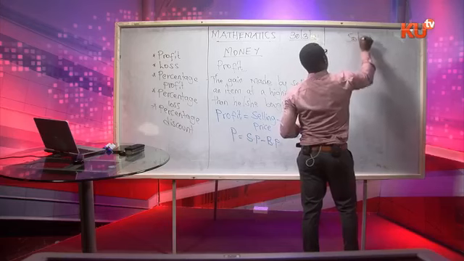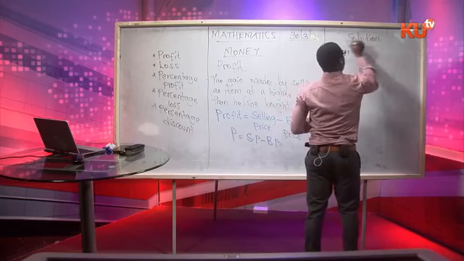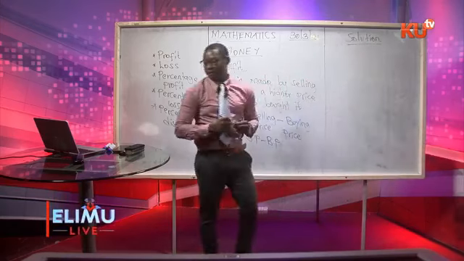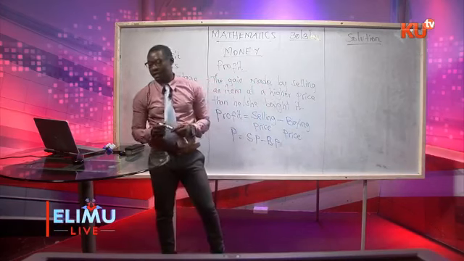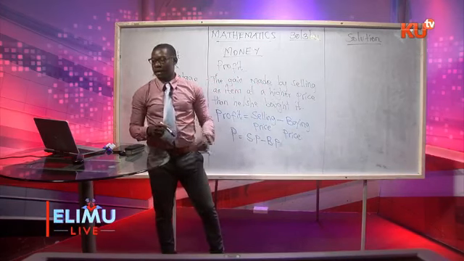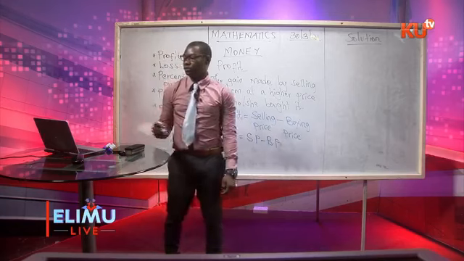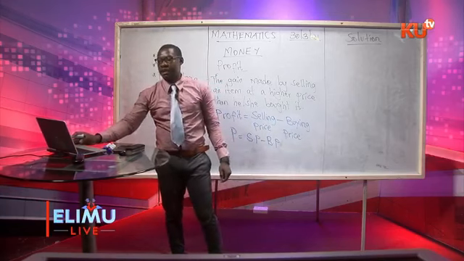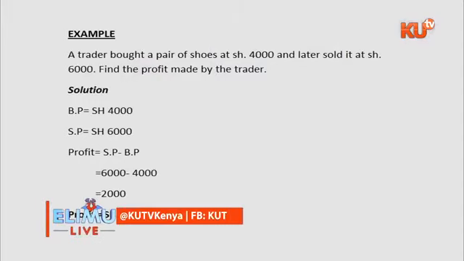Solution. So I want you to help me identify the buying price and the selling price. We are told a trader bought a pair of shoes at 4,000 shillings. So that amount of money which he or she bought, that is the buying price.